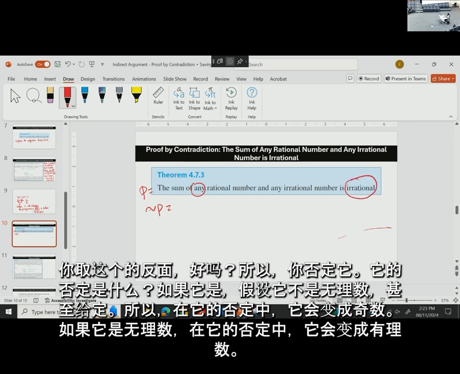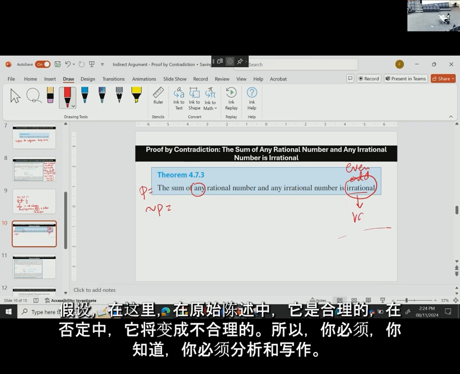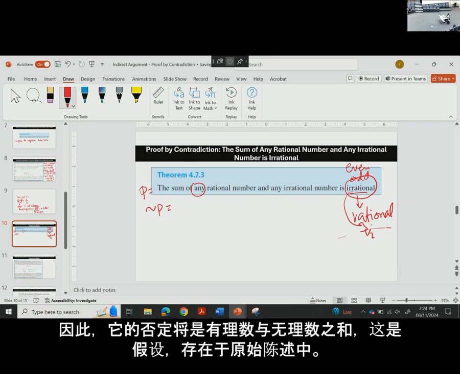Okay, so you negate it. What will be its negation? If it is, let's say, not irrational, even is given, so in its negation it will become odd. If it's irrational, in its negation it will become rational. If, let's say, over here in the original statement it was rational, in its negation it will become irrational. So you have to analyze and write. Okay.